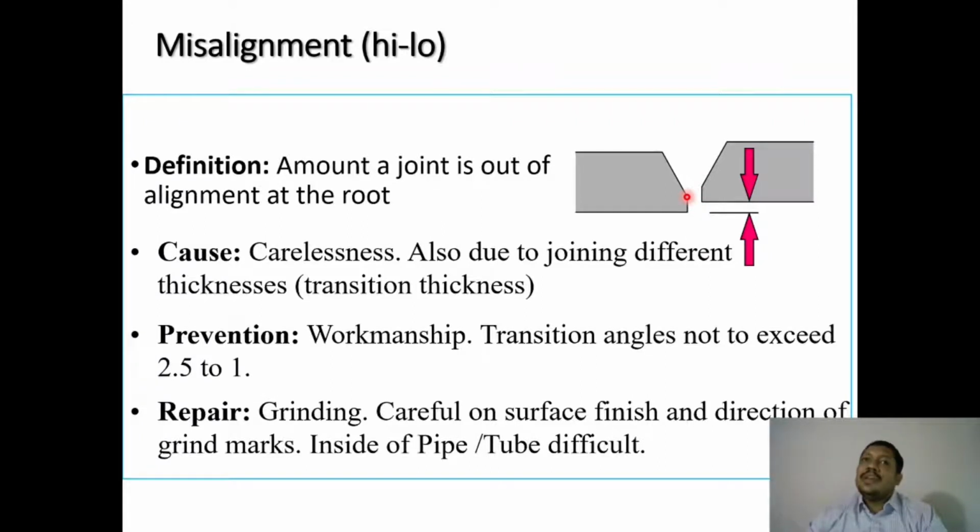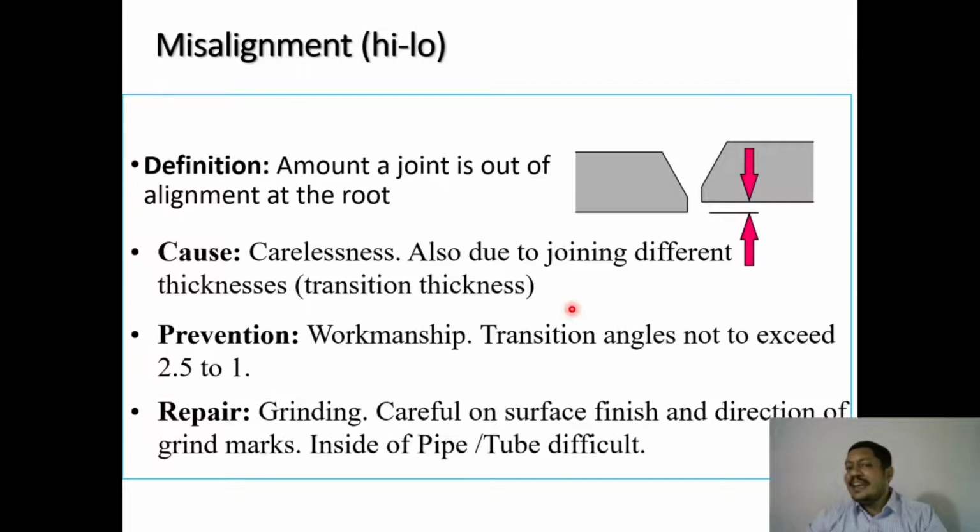You have to ensure that you place the plates properly so that both roots lie on the same surface before you carry out the weld. Once it has happened, you have to go for repair, for grinding. Sometimes if it is the ID, the inside diameter of a tube, that has a misalignment, it is not so easy to machine.